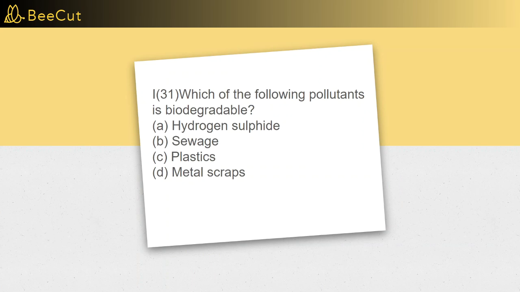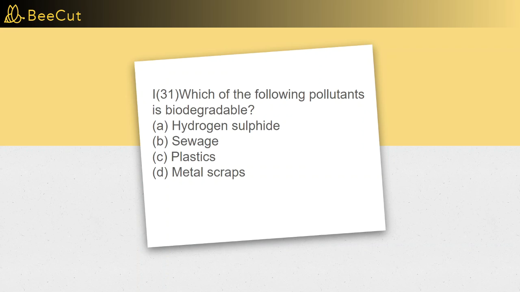31. Which of the following pollutants is biodegradable? When we talk about biodegradable, what does that mean? When an organic substance or microorganisms act on a substance and that substance decomposes, we call it a biodegradable substance.